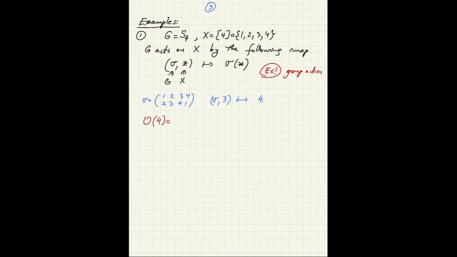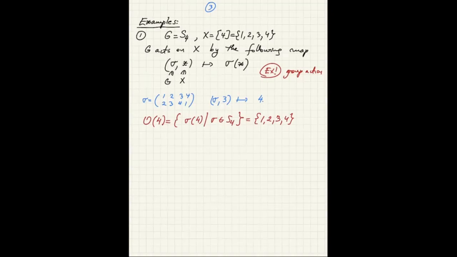So the orbit of 4 consists, by our definition, of all the elements of the form sigma of 4 as sigma goes through all the permutations in S4, and there is a permutation that maps 4 to any element, so for each element 1, 2, 3, 4, there will be a permutation that maps 4 to that element. So the orbit here is the whole set. So this is {1, 2, 3, 4}.